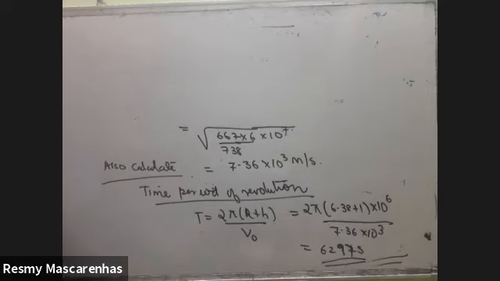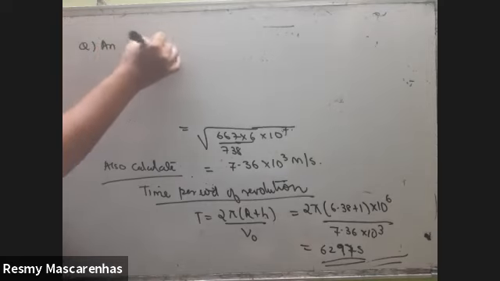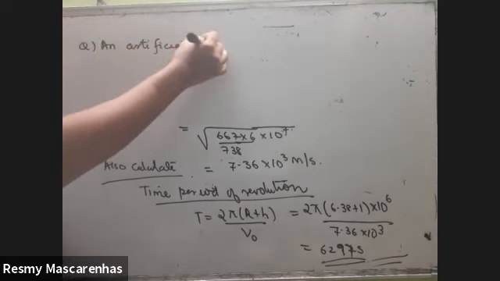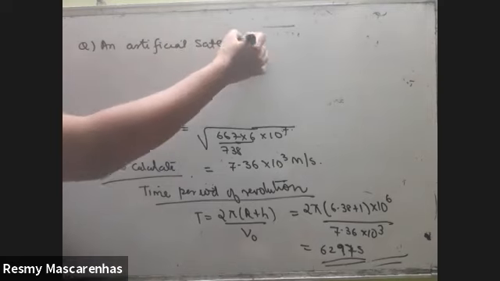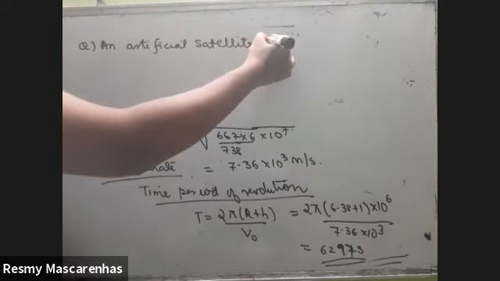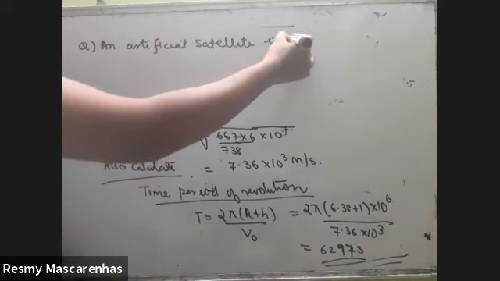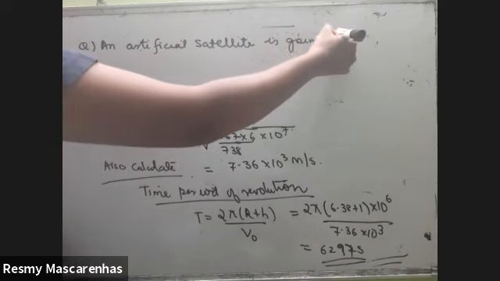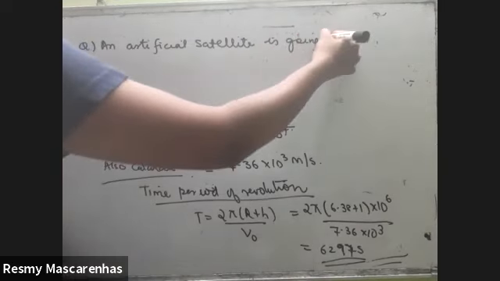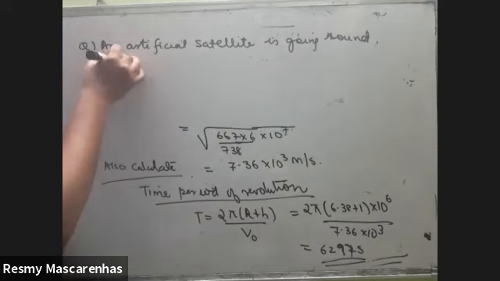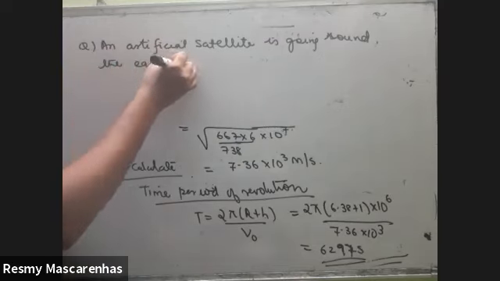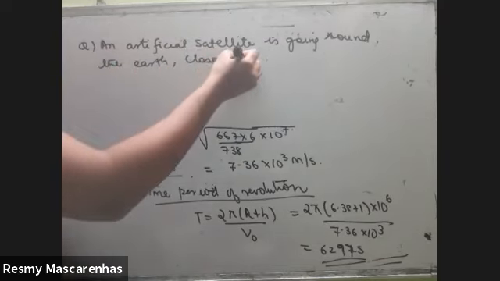One more question. An artificial satellite is going around the Earth close to its surface.